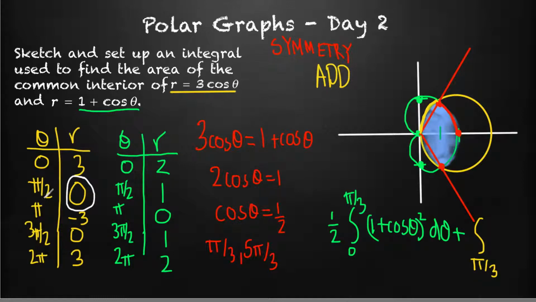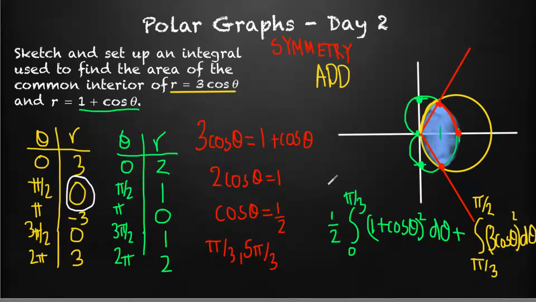So that's going to be at pi over 2. That's the first time it reaches the origin. So we are going to integrate from pi over 3 to pi over 2. And the yellow curve is 3 cosine of theta. And we're going to square that, d theta.